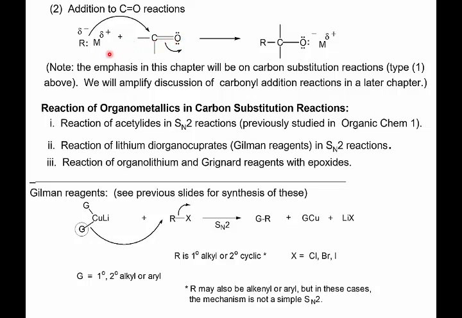When you mix it with an organometallic, the carbanion part, being negative, is electrostatically attracted to the positive carbon of the carbonyl group. The metal cation is electrostatically attracted to the negative oxygen, and an addition reaction ensues. And here is the addition product.